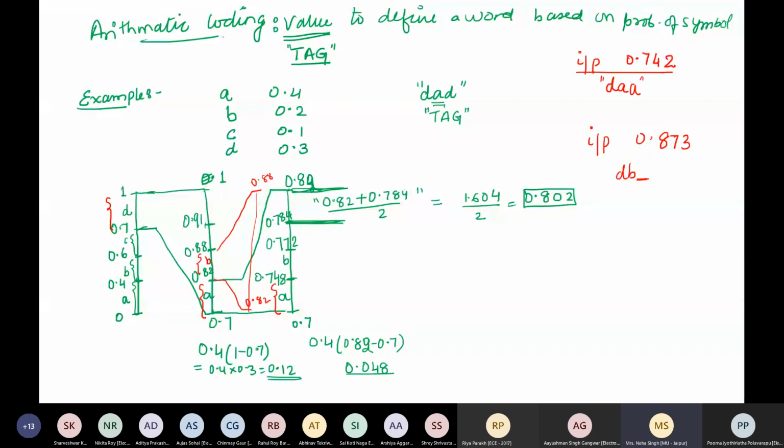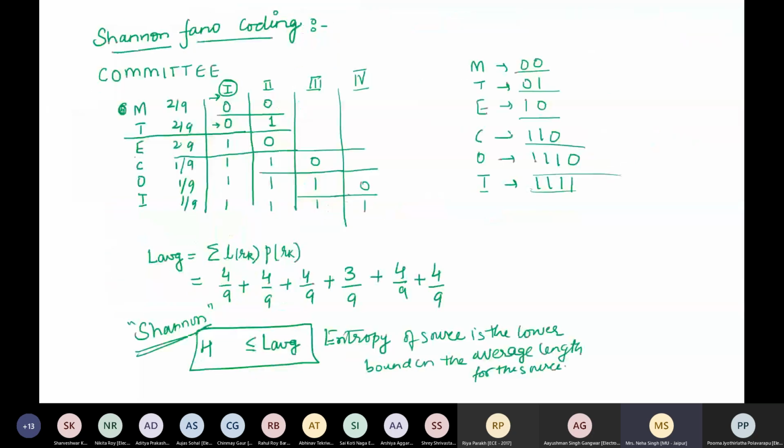Now, we were talking about the advantage that we are getting from arithmetic coding over Shannon-Fano and Huffman coding. If we look at Shannon-Fano and Huffman coding, once we have done the coding, I need to send this code book so as to be able to decode any symbol. Right? अगर मेरे पास ये code book नहीं है, then I may not be able to decode the symbol because I have these three probabilities equal.